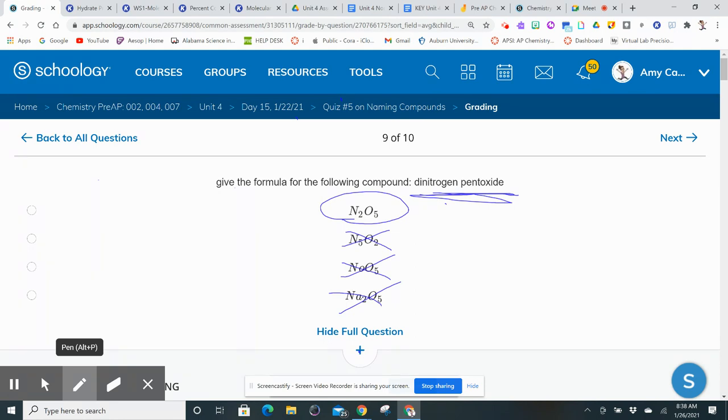Okay. Covalent compounds do not have a charge. So like this one, it's got prefixes in it. If it's got prefixes, that tells you it's covalent. That means there's no charge. That means you just take the prefix, and that's how many there are. Super easy for those. Okay?